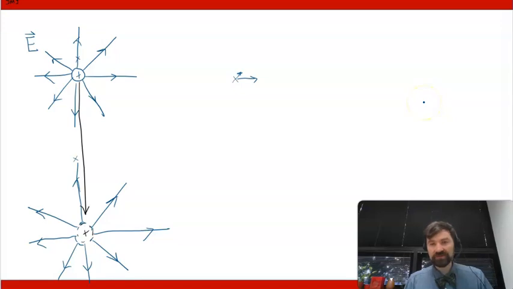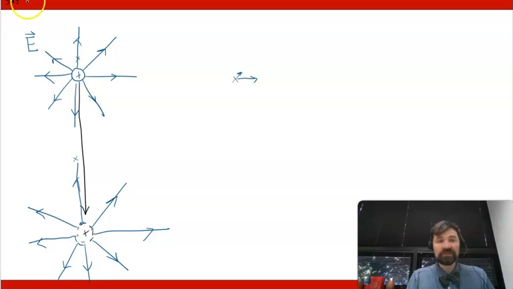How much time does it take for this local field to change? Well, it depends upon the distance that this is from our two particles, and it depends upon the speed at which the information propagates.